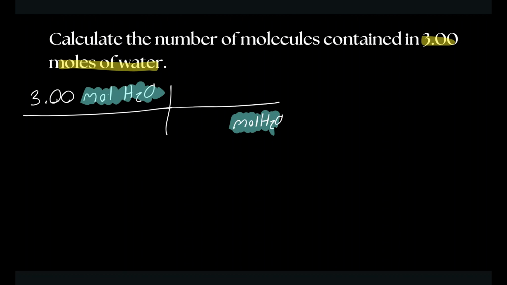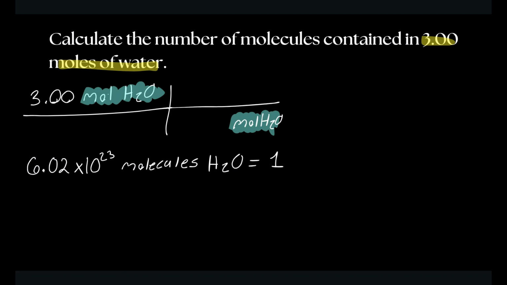Now, to go from our moles to our molecules, we are going to need Avogadro's number, 6.02 times 10 to the 23rd. So 6.02 times 10 to the 23rd molecules of the H2O is equal to the 1 mole of our H2O.